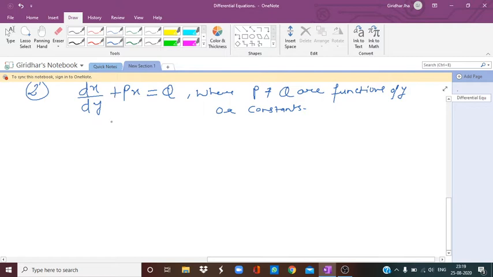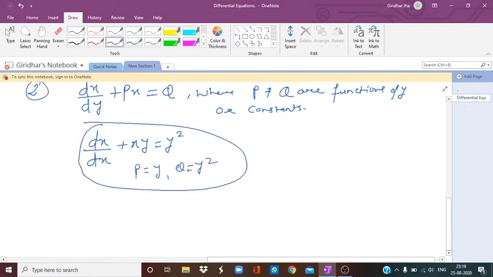If you want to note a couple of examples, let's say dx upon dy plus xy equals y square. Look here, p is y and q is y square, correct? And it is dx upon dy as well. So this is in the form of our second differential equation form, which is dx upon dy plus px equals q. Clear? Now, here also we have two steps.